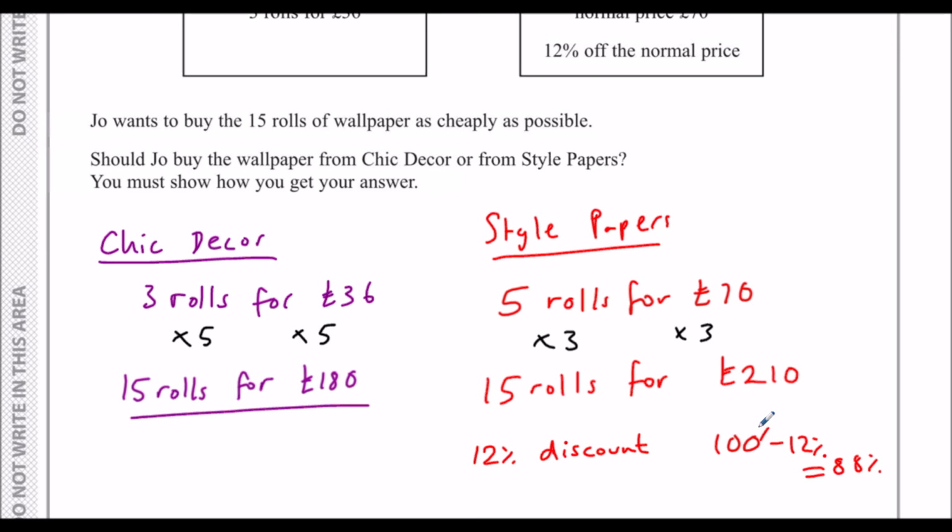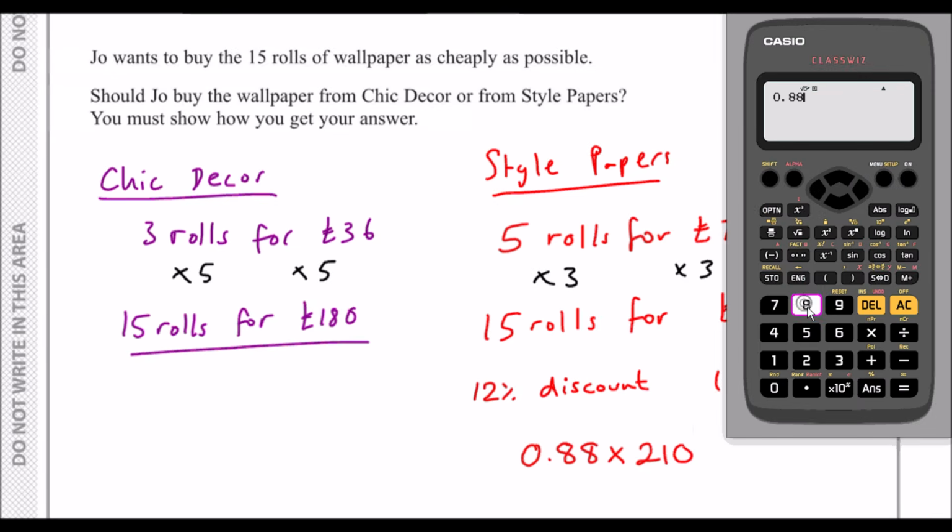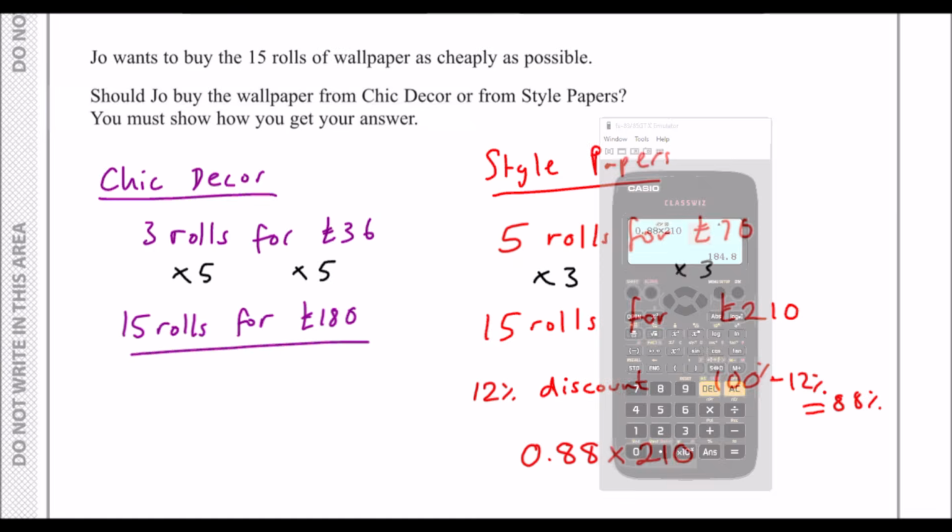So I want 88% of 210, and I can get that in one calculation by doing 88% times 210. So 0.88 times 210 is £184.80.